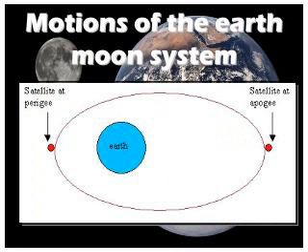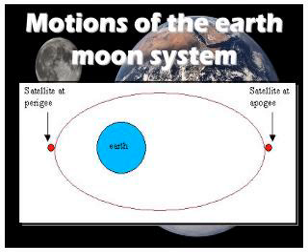Now the next thing we want to look at is the motions of the Earth and Moon systems. As we had perihelion and aphelion for the Earth around the Sun, we have this for the Moon. Realize that the Earth has one satellite.